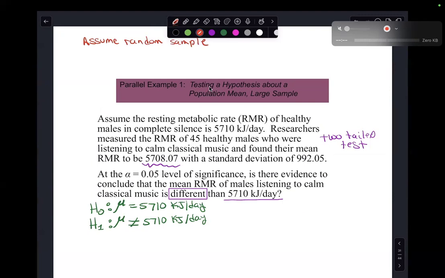My sample size is greater than 30. So I can say n greater than 30, so it's normal.